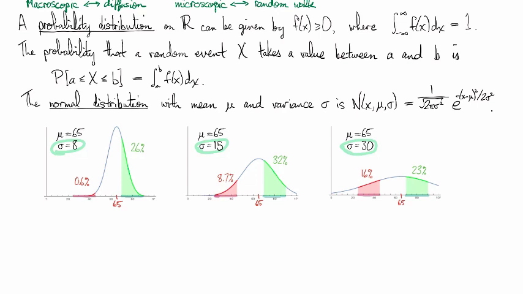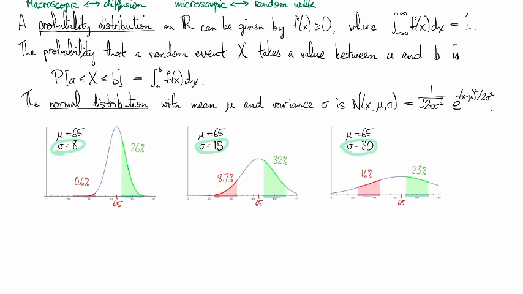So in the first one here, I chose this normal distribution centered at 65 with these different variances, supposing this is maybe like the score that you get on some exam in some random class.